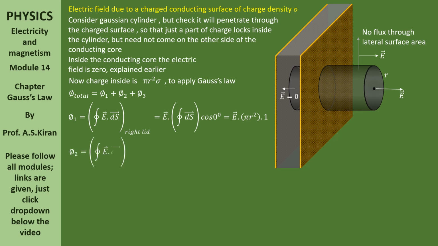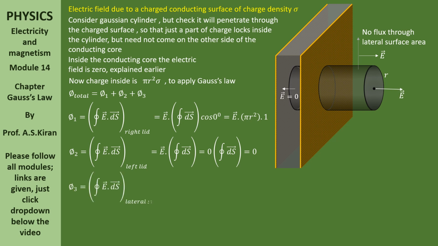Now, flux 2 is with respect to the left side lid. Where is that left side lid? It is inside the core of the conducting material. Inside any conducting material, the electric field is 0, as we already know. So the flux through that left lid is 0.